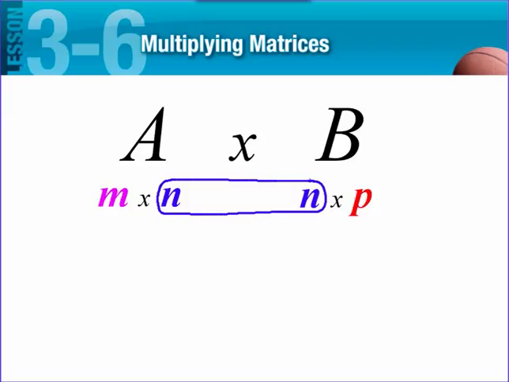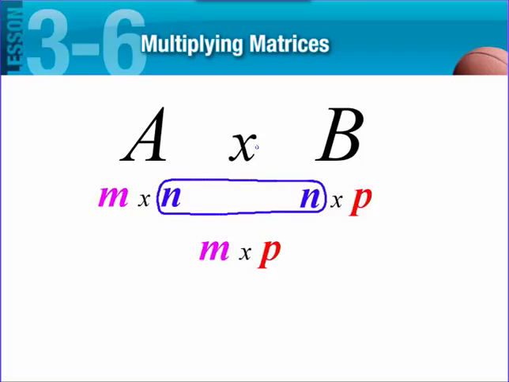Now, the matrix that you get when you multiply them together will have the remaining dimensions. So what are the remaining dimensions going to be? M times P. That's going to be your resulting matrix.